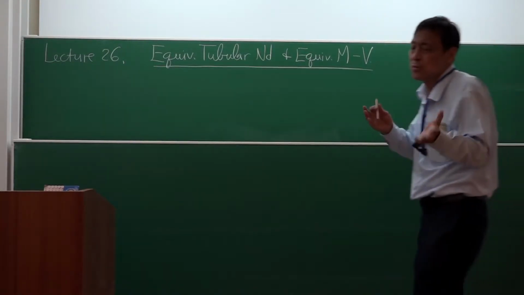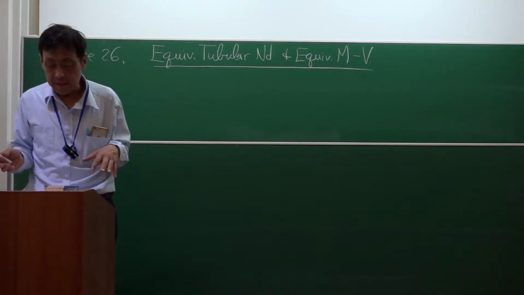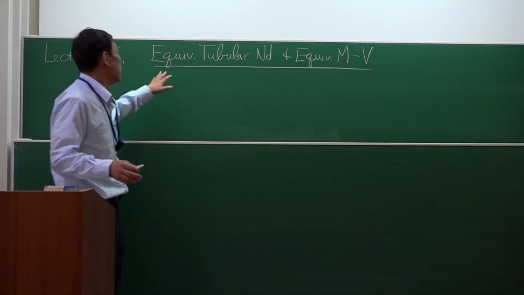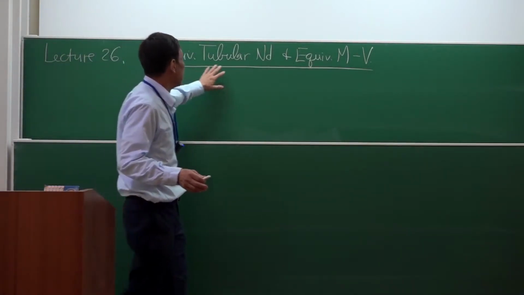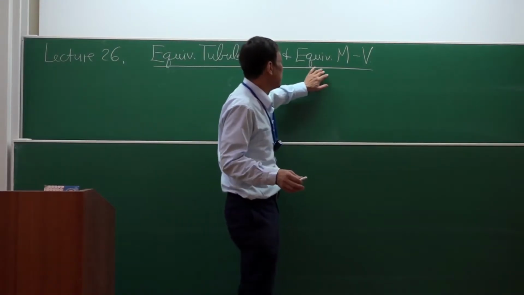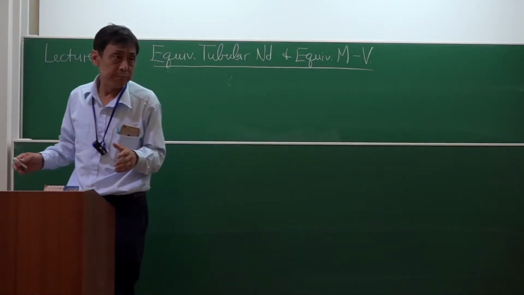But in order to prove that theorem, I need a few preliminary facts that I won't prove, so I will just state them. I will first talk about the equivariant tubular neighborhood theorem, and then the equivariant Mayer-Vietoris sequence.